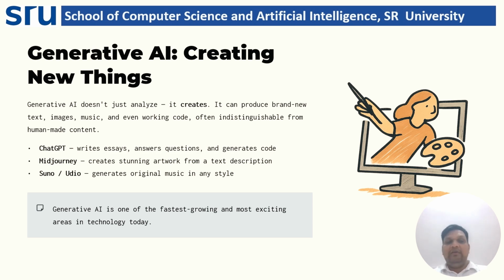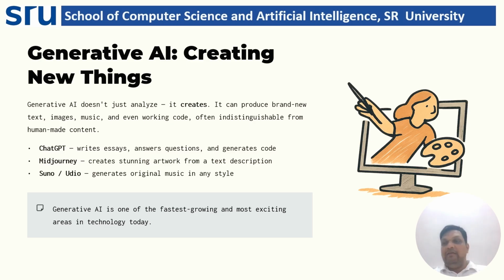Midjourney creates stunning artwork from a text description. Suno and Udio generate original music in any style. So here, generative AI is one of the fastest growing and most exciting areas in technology today.